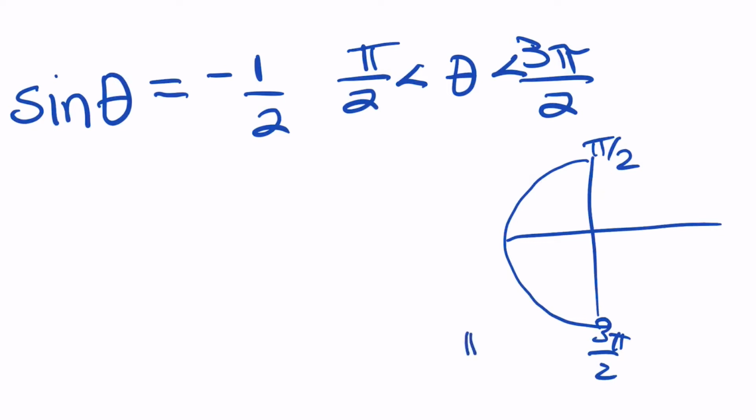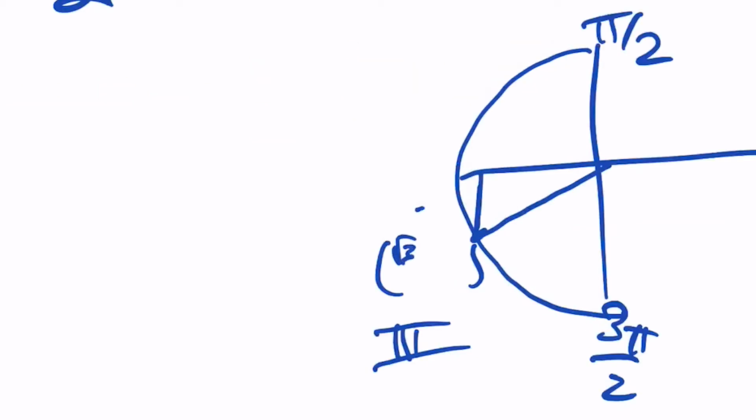So I want to look where y is negative, so that's going to be in the third quadrant. And 1/2, that's the short side, right? Across from the short leg? Uh-huh. Okay, so that's the short leg, so it's right here. So my -1/2 is the y coordinate, so that would be -√3/2 for the x, -1/2 for the y. So now I have to figure out where that is.